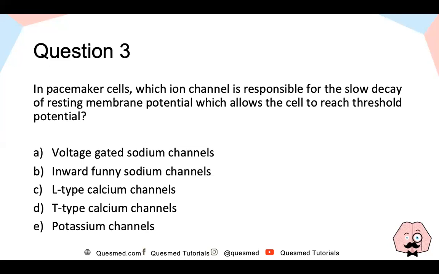Is it B, inward funny sodium channels? Is it C, L-type calcium channels? Is it D, T-type calcium channels? Or is it E, potassium channels? Okay, so I'll give you 30 seconds or so to answer.